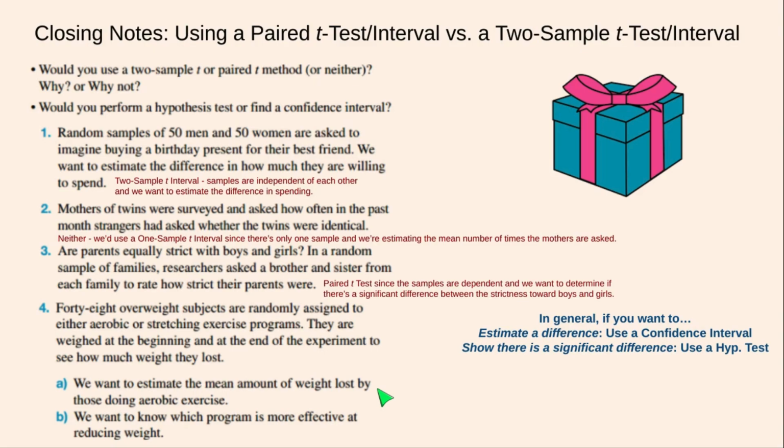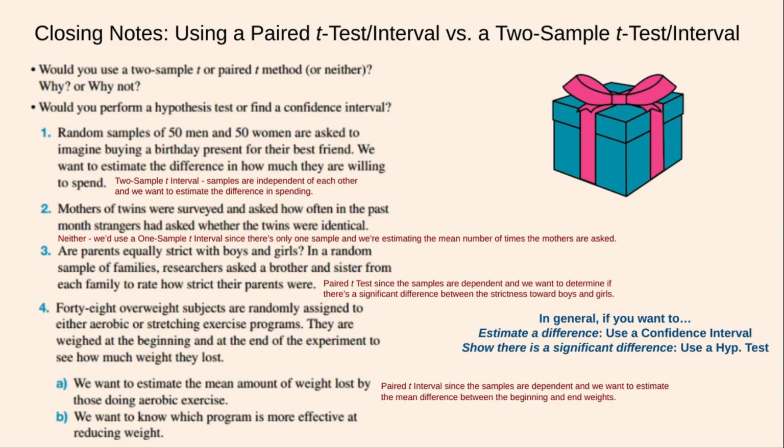Okay, I'll assume we're ready to continue. Here comes the answer. We would want to use a paired T interval. The samples are dependent, and we want to estimate the mean difference between the beginning and end weights. All right? So for each individual, you have a beginning weight and an end weight. Now, we're only talking about aerobic exercise, but don't let that fool you.